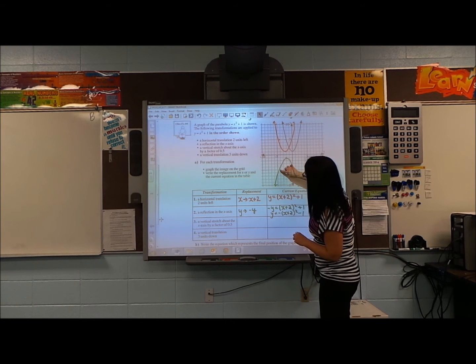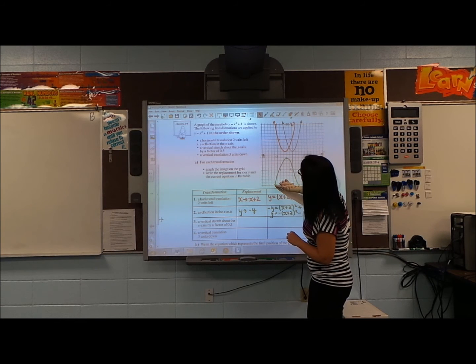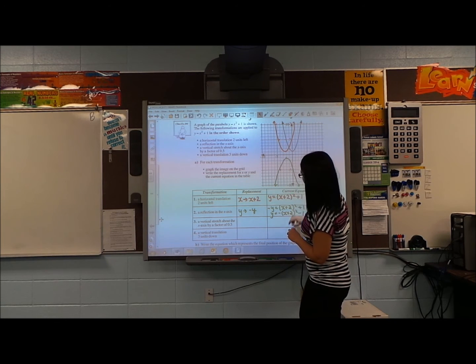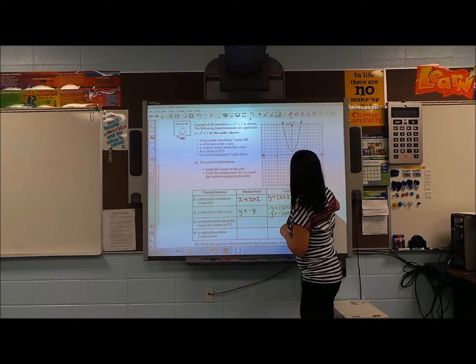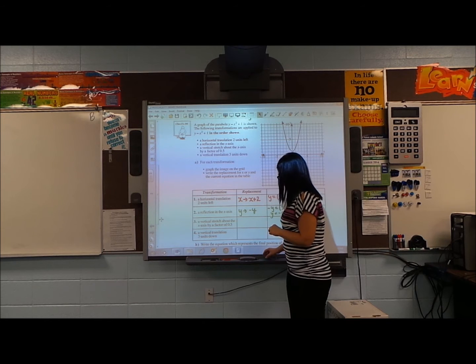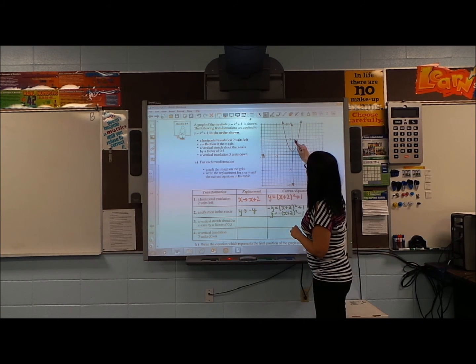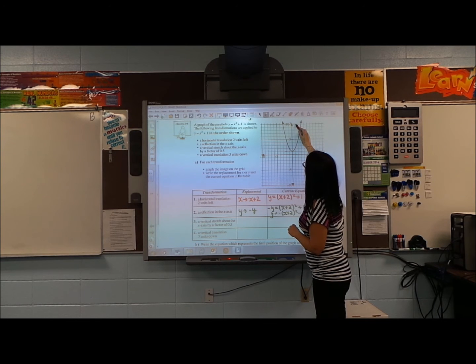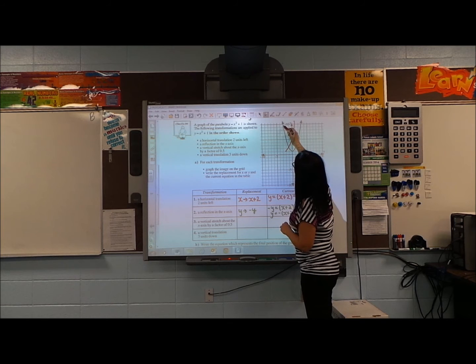So then this point translates down to here. This point translates to here. Left, left, left, left.